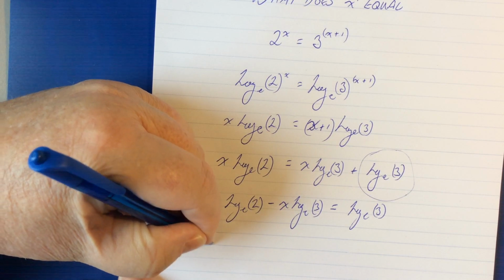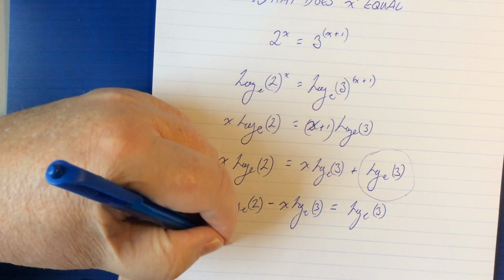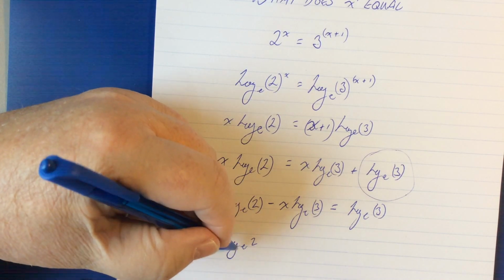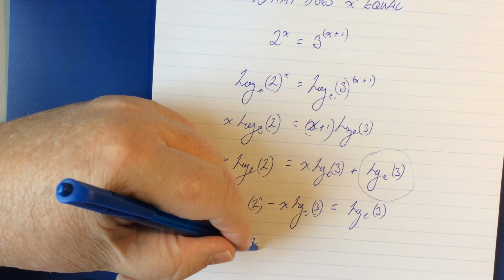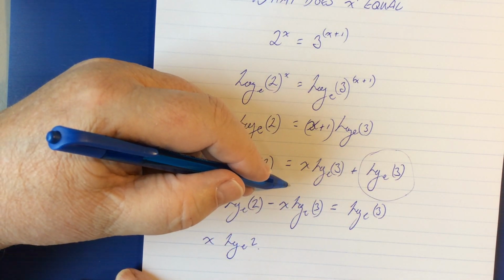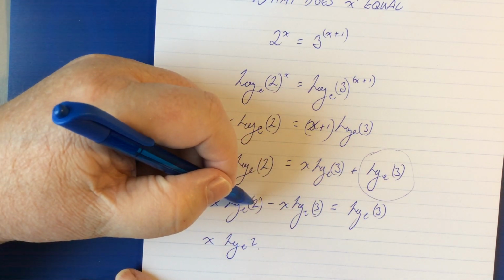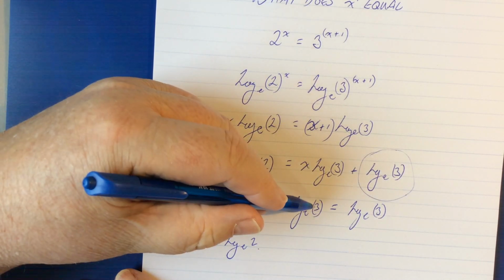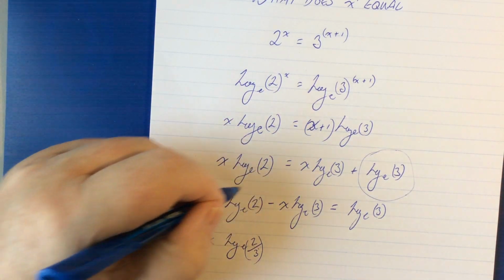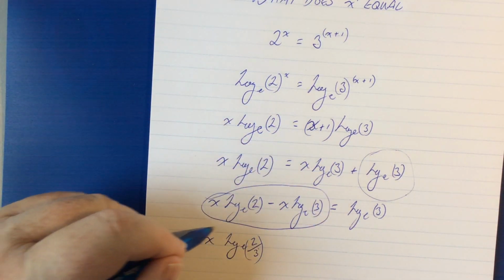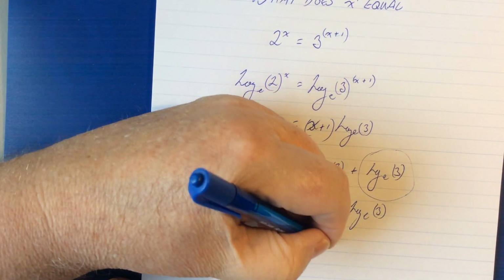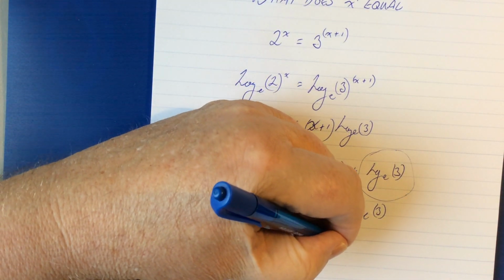Now, x log e of 2 minus this is the equivalent of dividing this number by this number. So I can rewrite this as this, and that is equal to log e of 3.